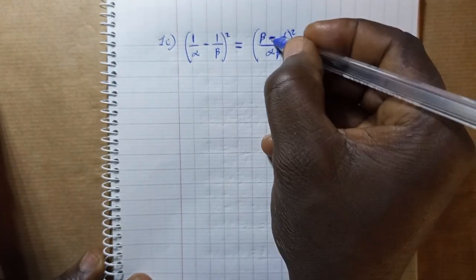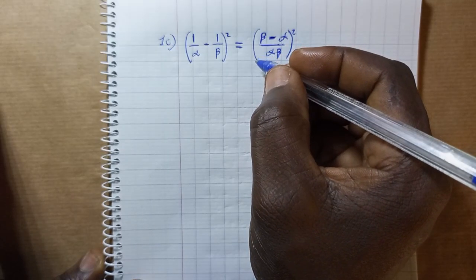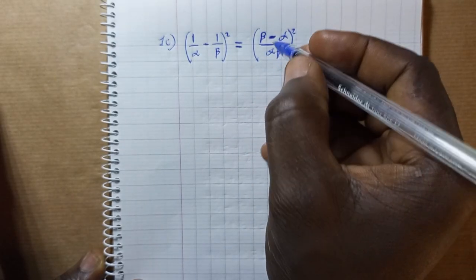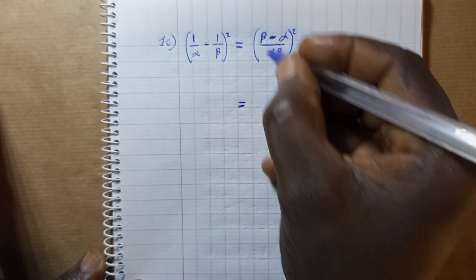Now remember from the previous, the value of β that we just got from 1b is 3 over 4.